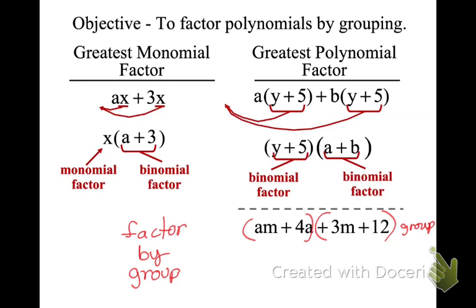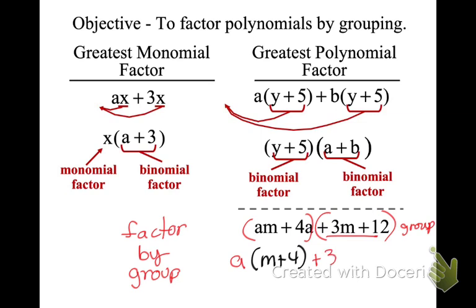Now, in the first group, do we have a common factor? Yes. AM plus 4A. Shivam, which is the common factor there? A. Okay, and then what's left in there? M plus 4, right? In the second group, is there a common factor? David in the back. What's the common factor? 3.